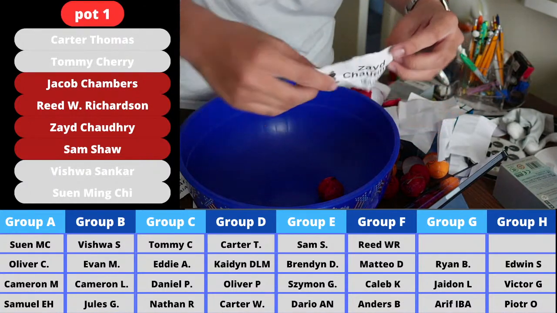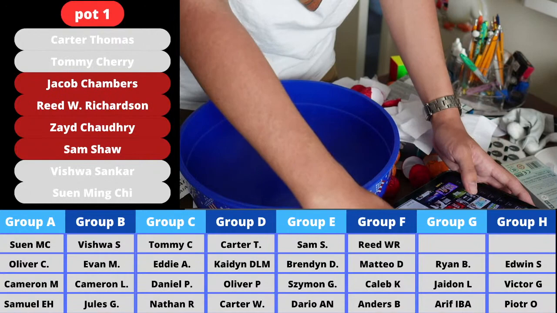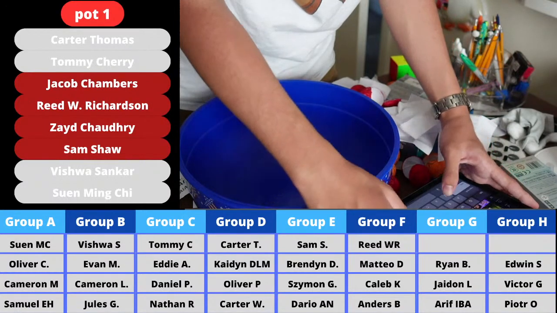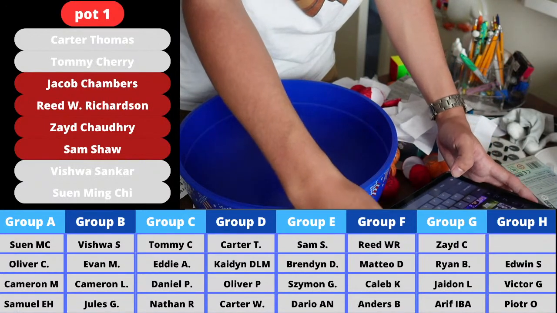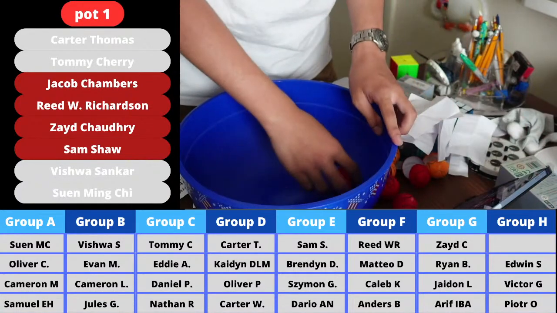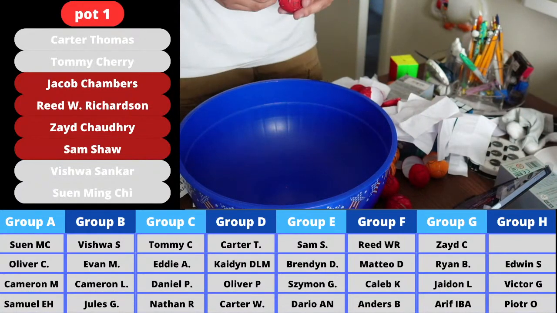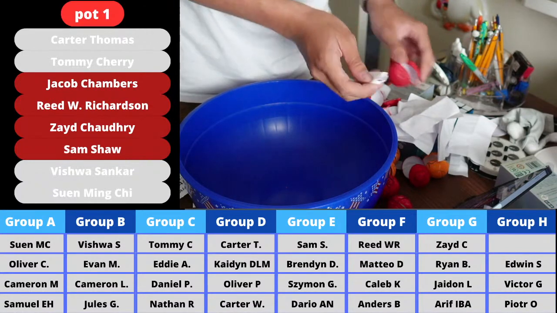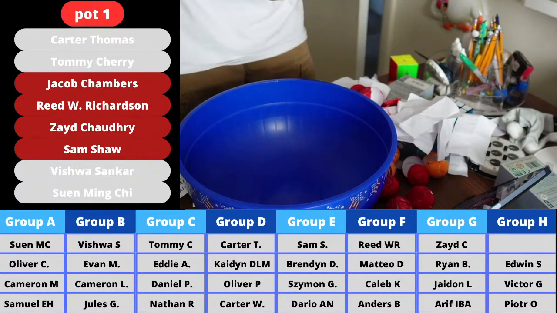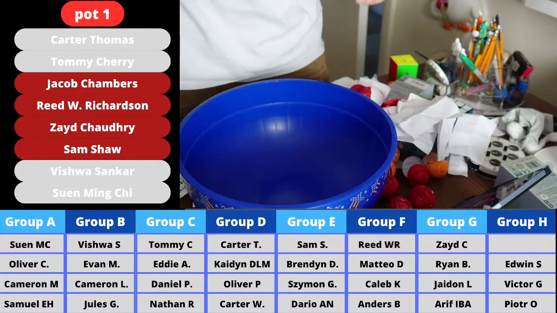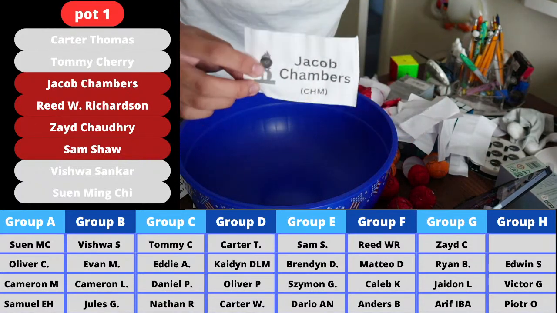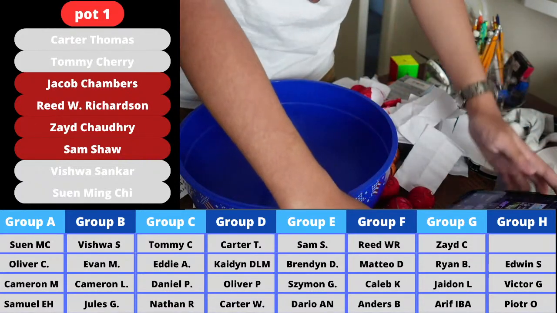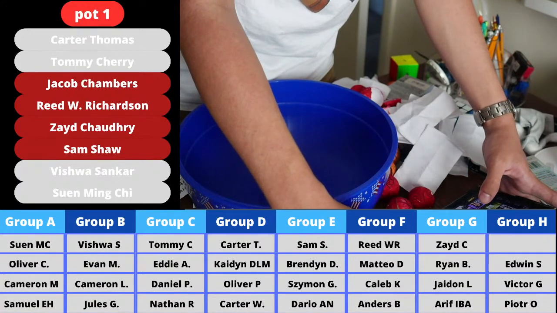Zaid will be Group G. And finally, in Group H, we have the one and only great Jacob Chambers, also known as Cham. They will be going into Group H.